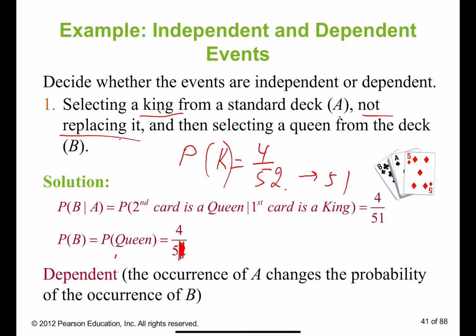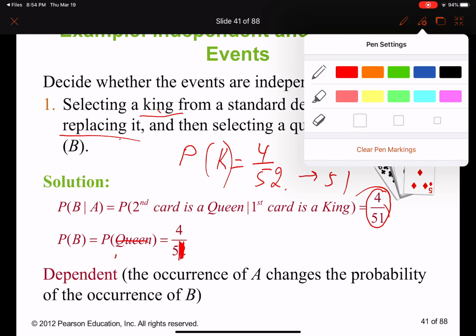This is wrong here. Not 52, but 51. Okay, here it is. 4 out of 51. This one is not a queen, but a king. Oh, I see what's happening. Okay. Let me see.